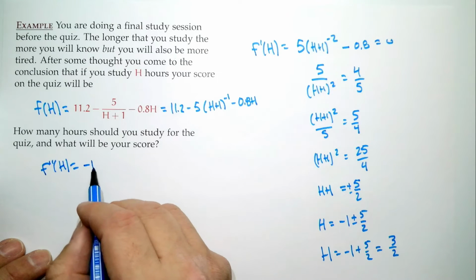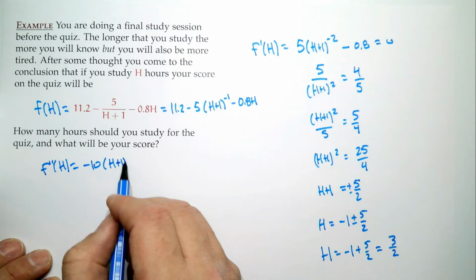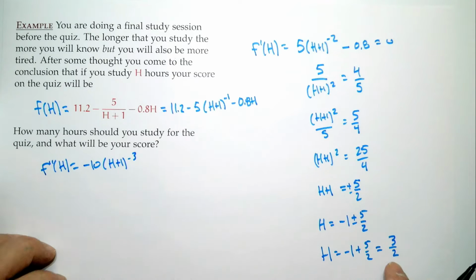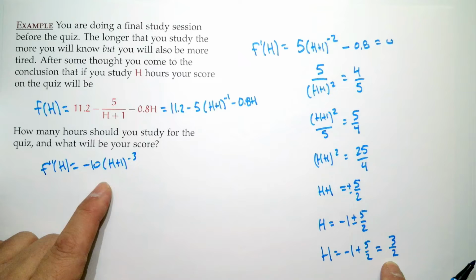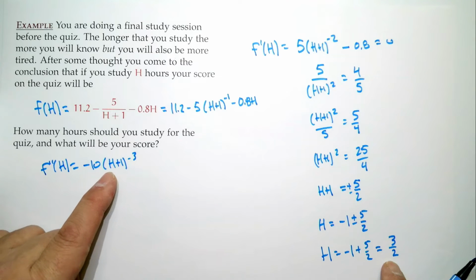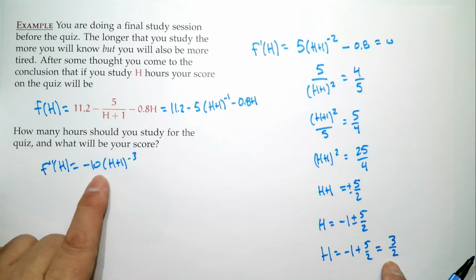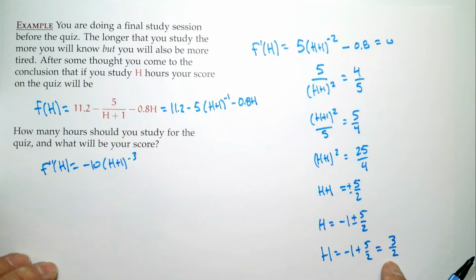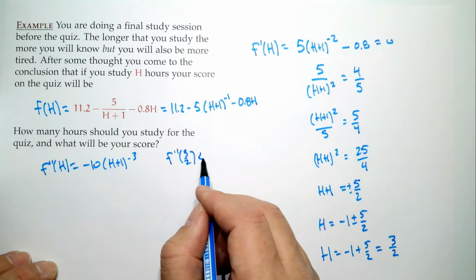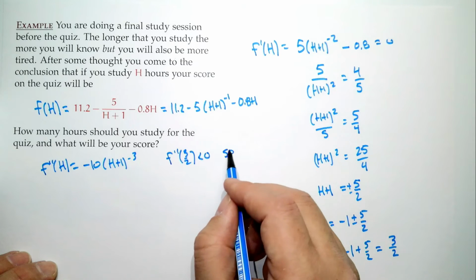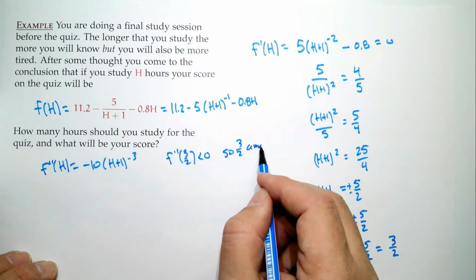It becomes -10, h plus 1 to the -3. If we plug in 3/2, what will we get? Again, we only care about the sign. Plug in positive 3/2 into this expression, we end up with a negative value. So f double prime of 3/2 is negative, so 3/2 is a max.